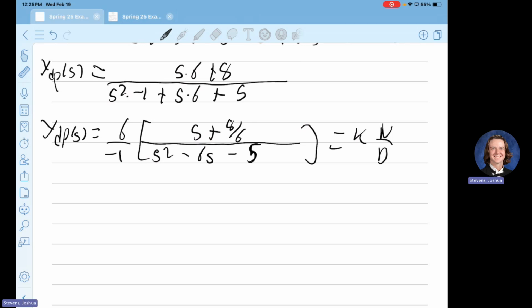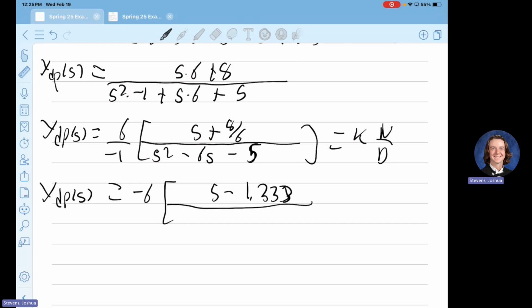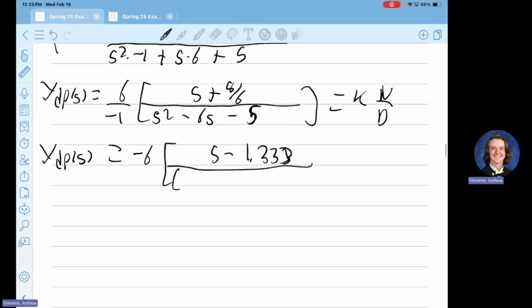And you should get this. For the numerator, just do 8/6, and you'll get the value of 1.333 repeating. But when you take the roots of the denominator, you'll get s minus 6.741, close parentheses, and s plus 0.741.